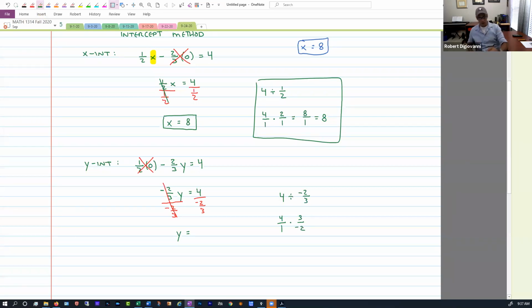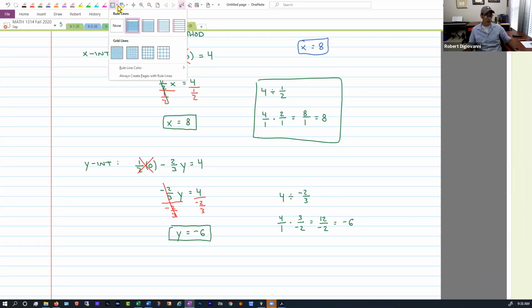And then I multiply straight across. So I'm multiplying straight across. 3 times 4 is 12. 1 times -2 is -2. And this should give us -6. So we get -6 here. And that's our Y-intercept. And that's all we need.